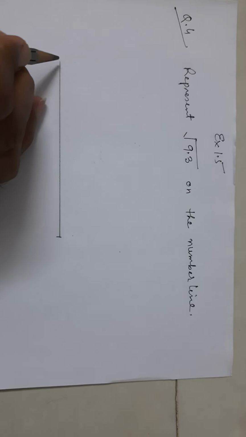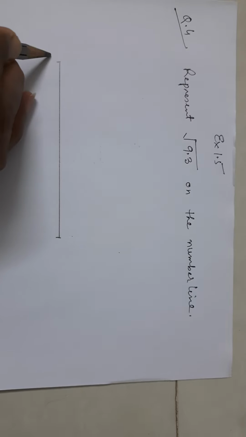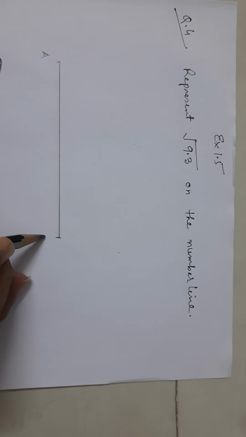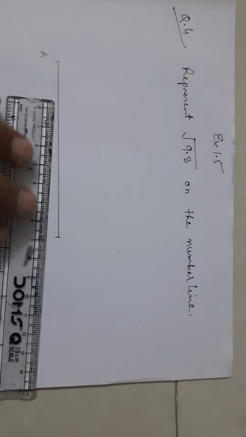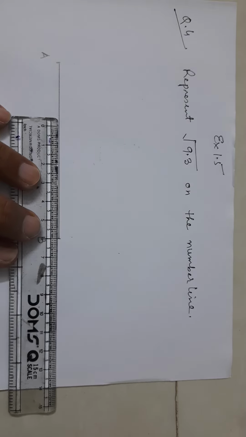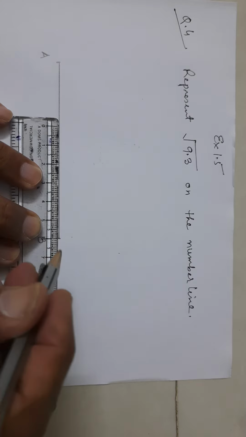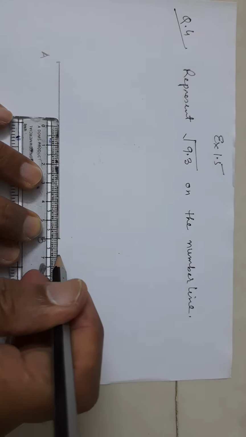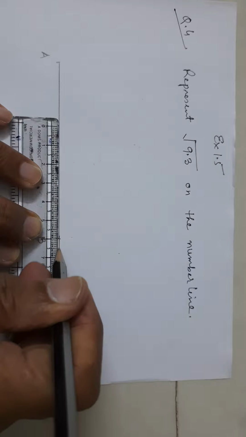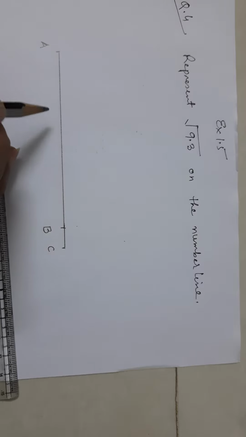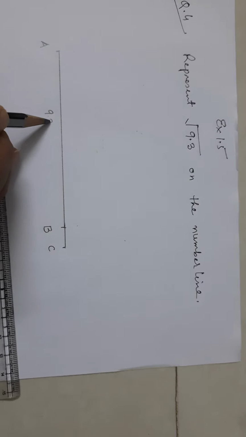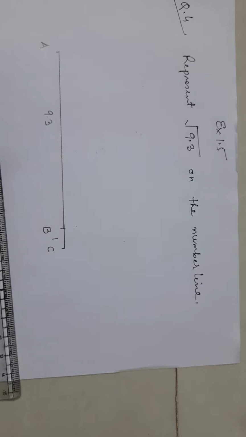I put it as AB. Now from B I am measuring 1 centimeter length and drawing a point C at 1 centimeter. This is C. You can write here this is 9.3 and this is 1. Nothing wrong if you write.